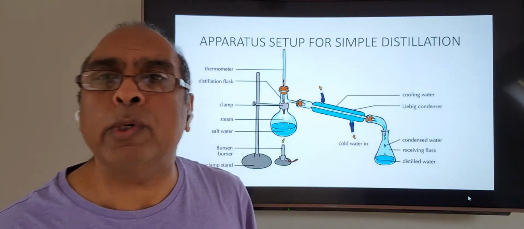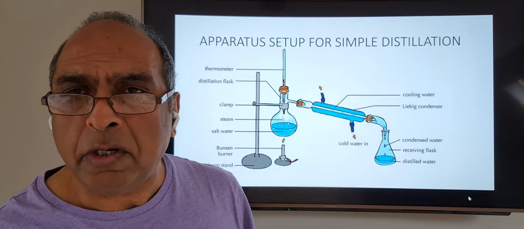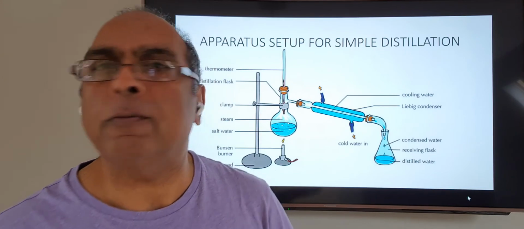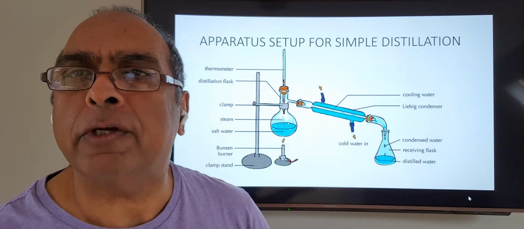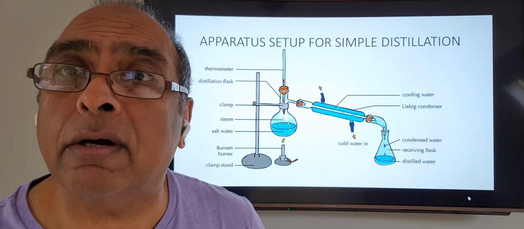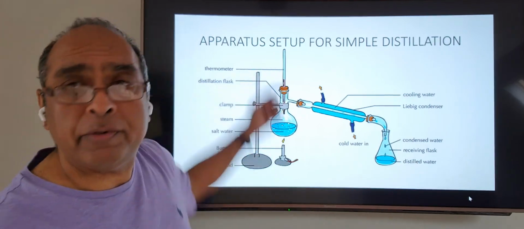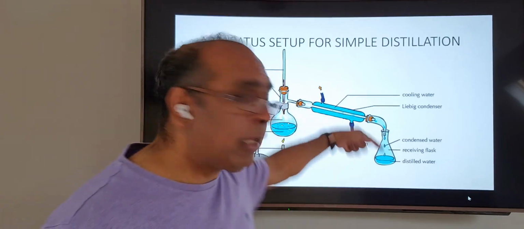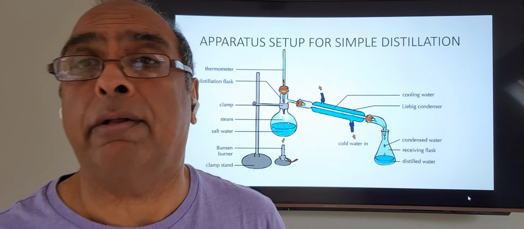And although I've been whittering on about water from salty water, you could have used this method to separate some other solvent. Say you had sodium hydroxide dissolved in alcohol and you wanted the alcohol. You could use this. The alcohol would boil off, the temperature would be 78 degrees, the condenser would cool the alcohol vapors down, alcohol droplets would come out the end, and it would be called distilled alcohol.